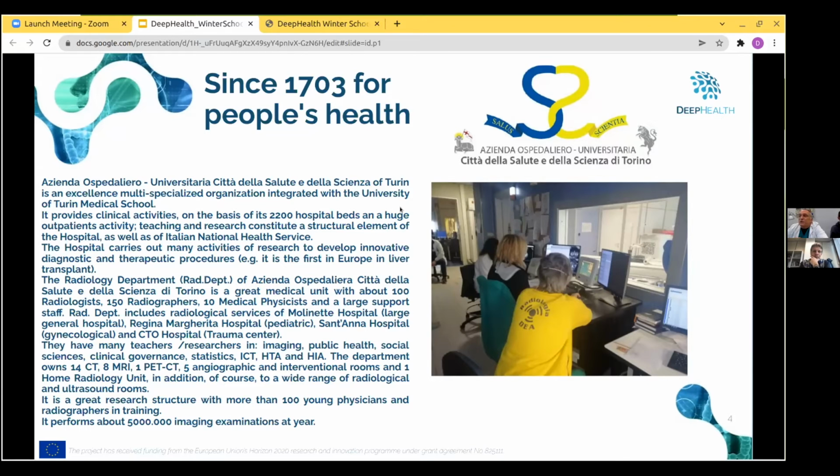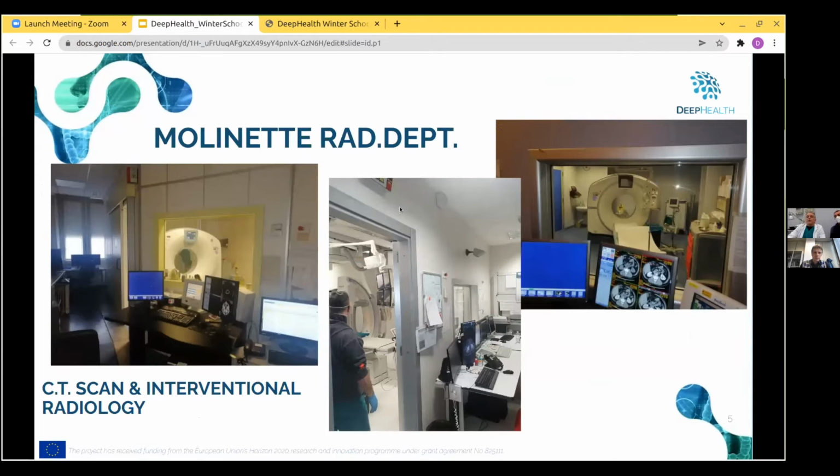In addition, of course, to a wider range of radiological ultrasound rooms. It's a great research structure with more than 100 young physicians and radiographers in training. It performs many imaging examinations a year.